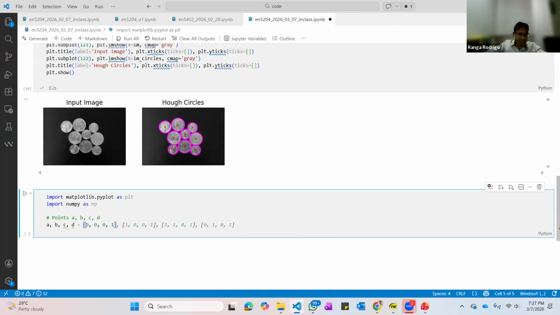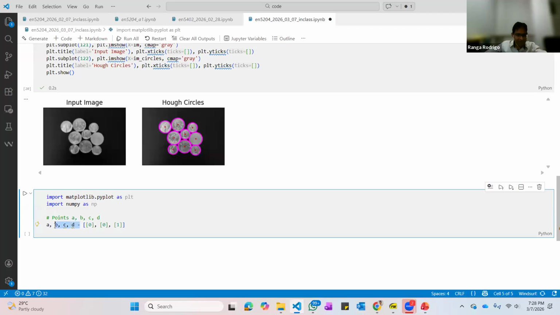I should define that as a vertical vector. This is the first point: x is 0, y is 0, and of course, as I told you, there's one more coordinate at the end. Remember that.